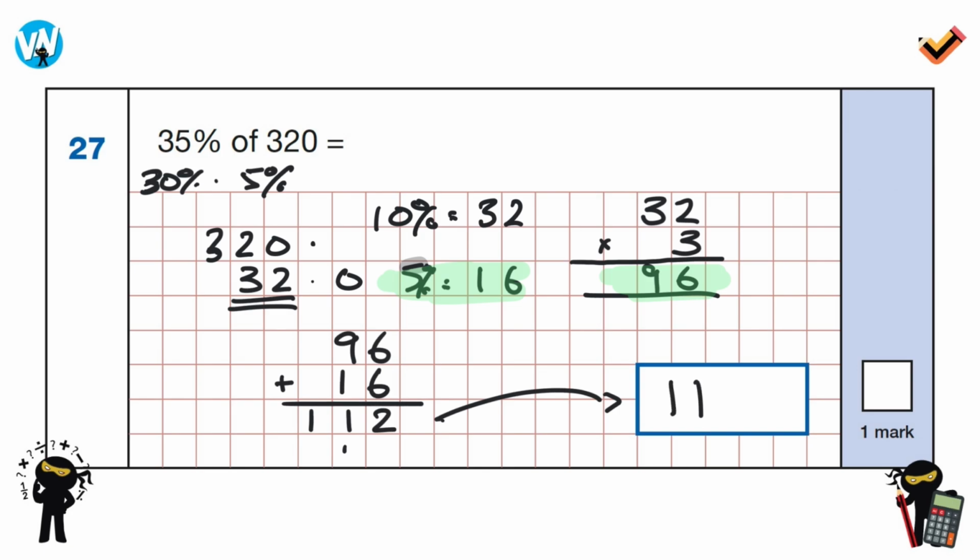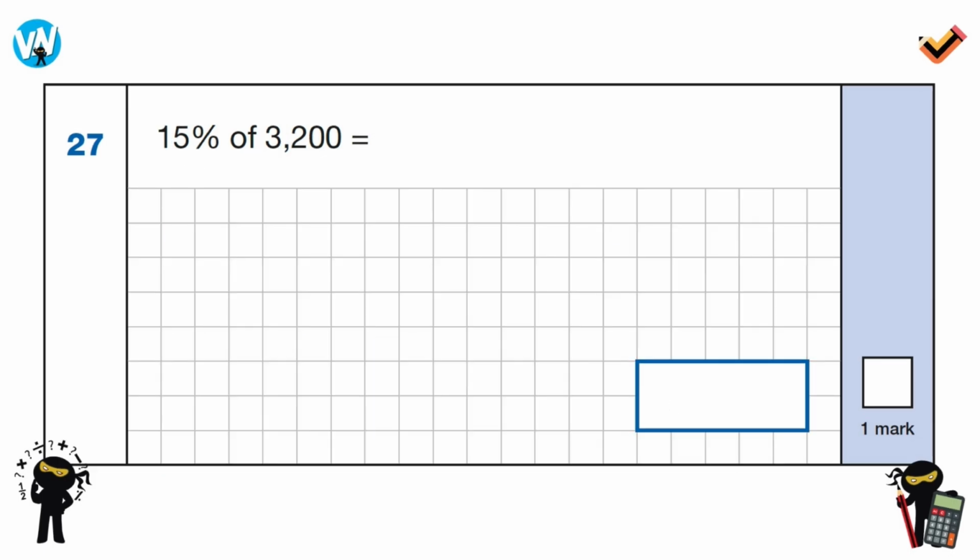That needs to go in here. 1, 1, 2. And that's the mark. So we can work through that really, really quickly by multiplying, halving, and adding. And again, 15%. We should just be able to spot that that's 10% and 5%. We need to find them and add them together.